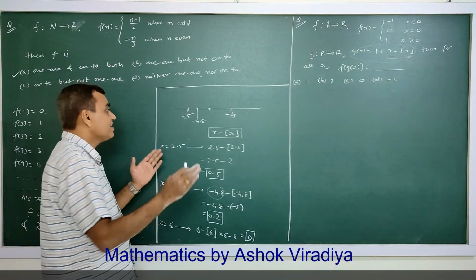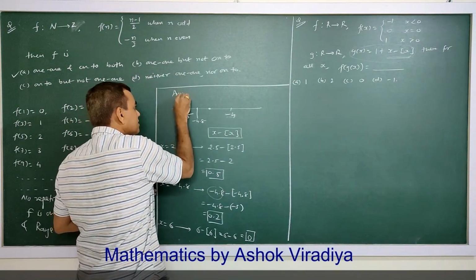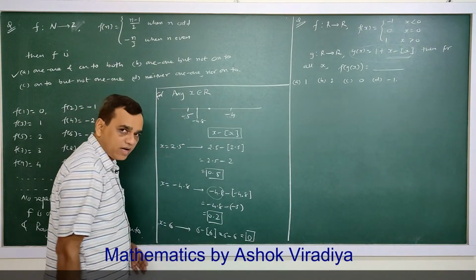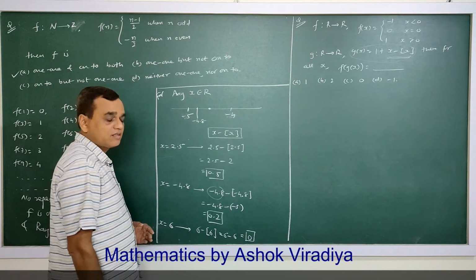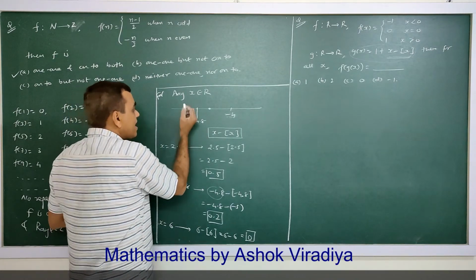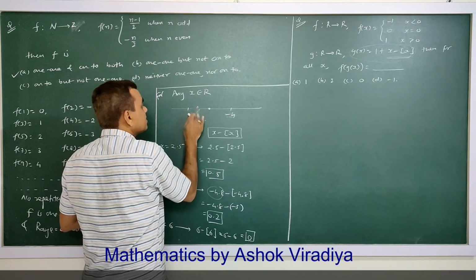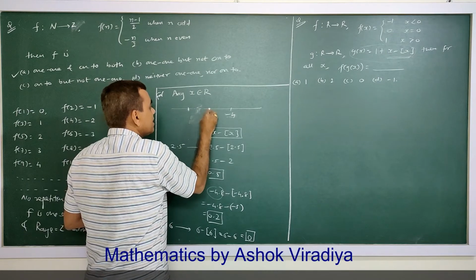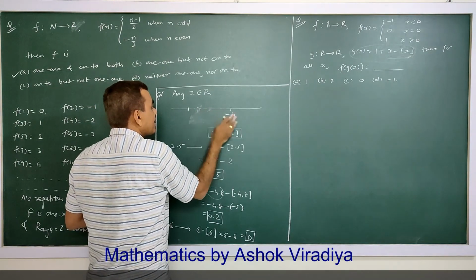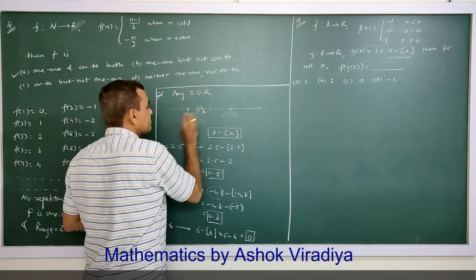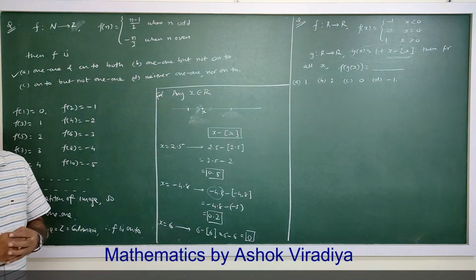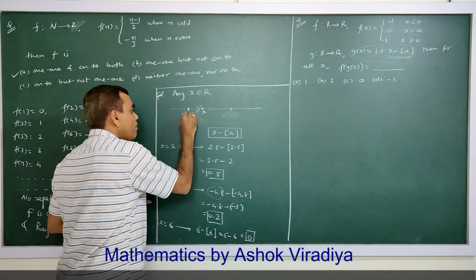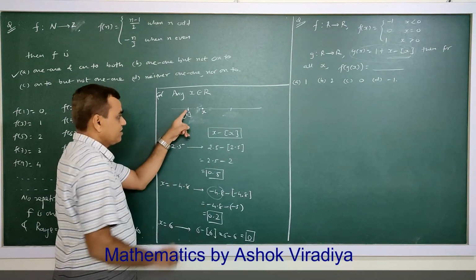For any x belonging to R, if x is selected somewhere here, then its box value will be somewhere here, an integer.